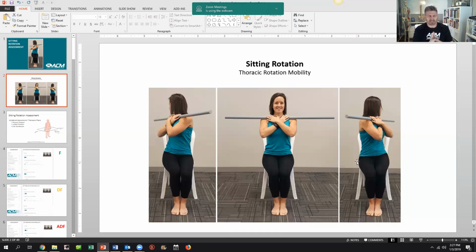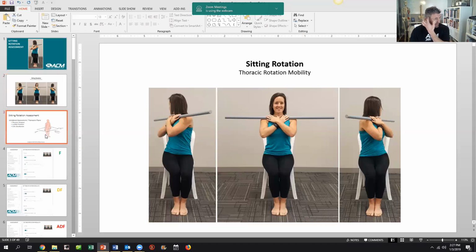For the scope of this assessment, you can tell when someone gets 45 degrees, if they're restricted or if they're really past 45 degrees. It's pretty obvious, and you just have to get used to seeing this a few times, and you'll start getting a handle for looking at that assessment.